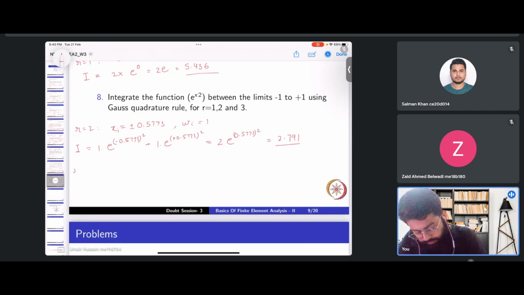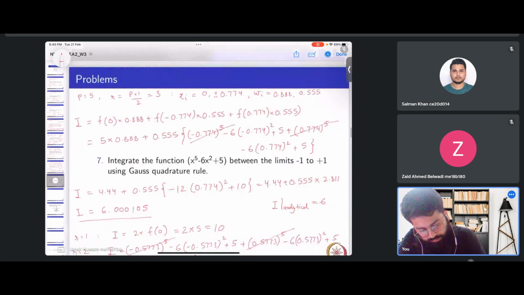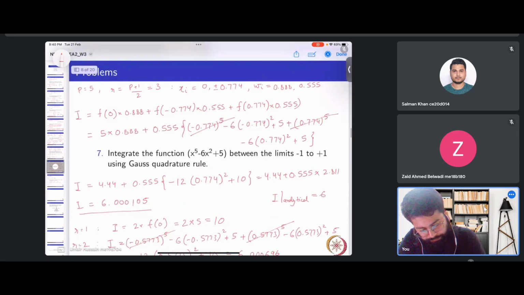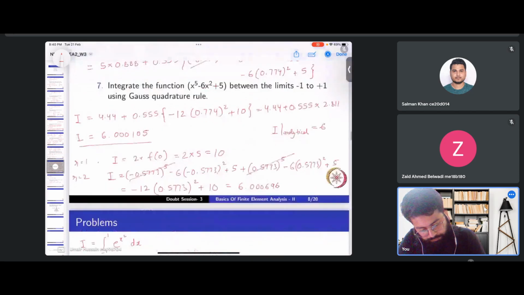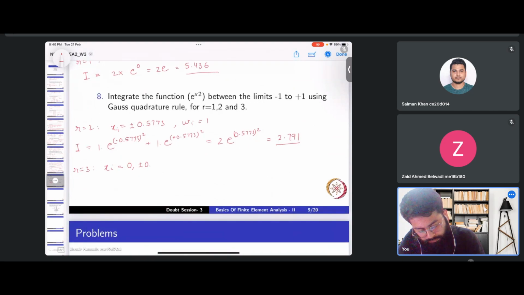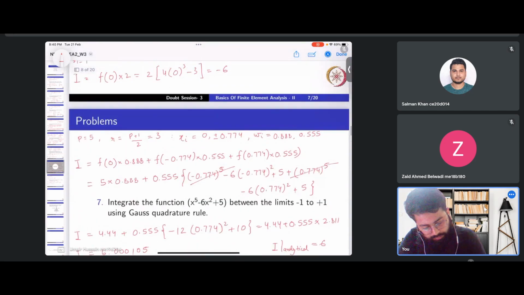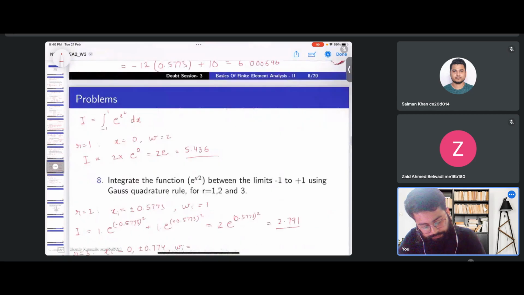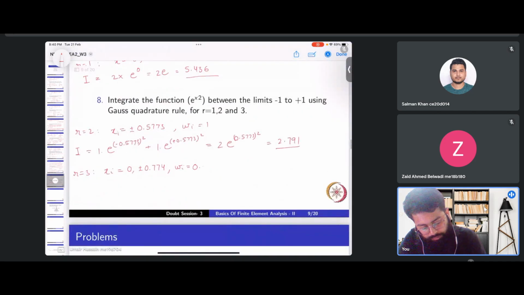Next we'll try with r equals 3. Our points become 0 and plus minus 0.774, and weights are 0.888 and 0.555.